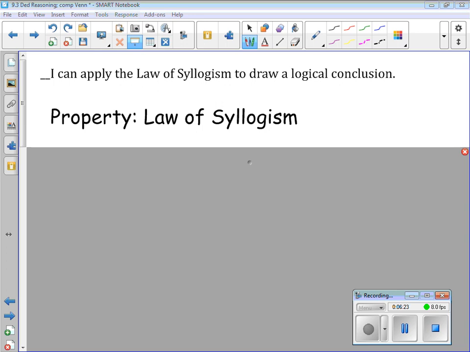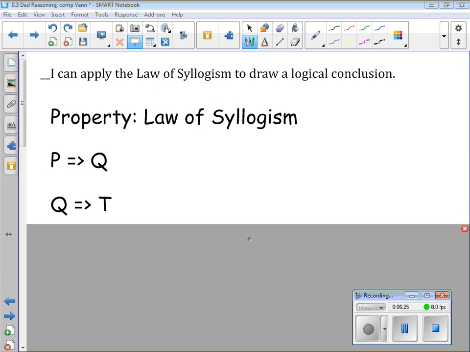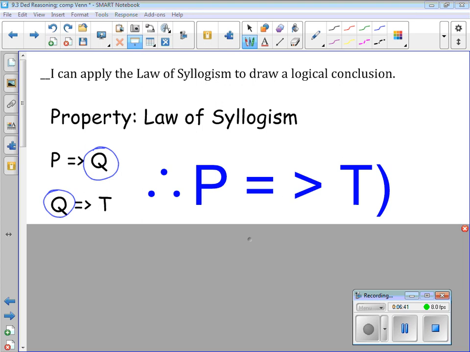The law of syllogism basically says this. If I'm given a series of conditional statements like this, where the last thing matches the first thing of the next line, then I can write a conclusion. And it basically shortens this down to the conclusion that if P happens, the first thing, then the last thing happens.